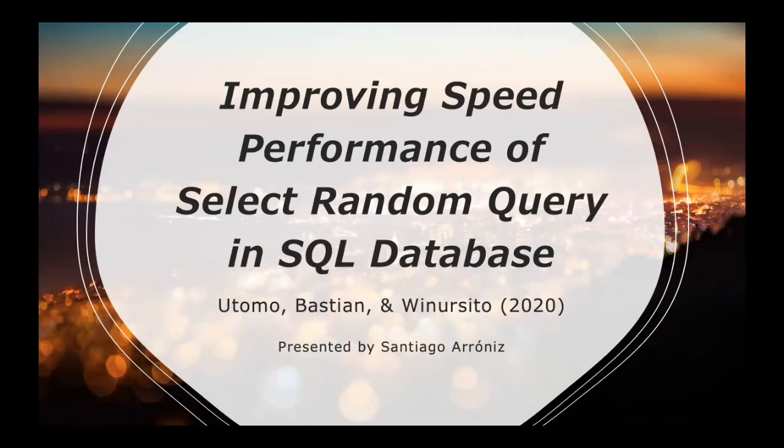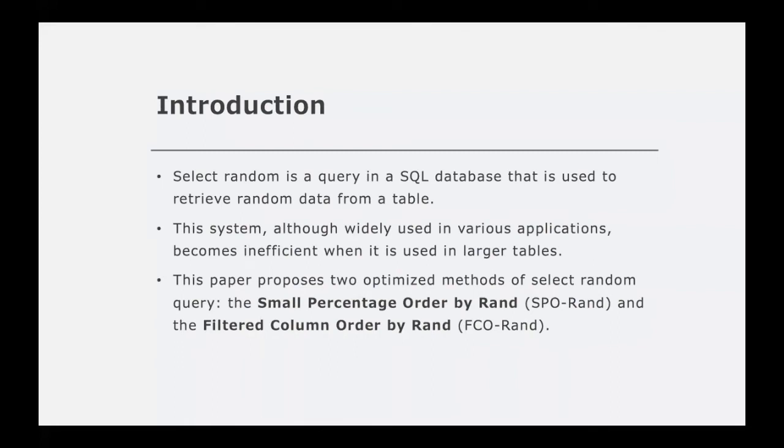The main concept behind this paper is random selection in SQL. Actually, the authors depart from the fact that the method currently used by default in SQL queries, which is normal ORDER BY RAND, becomes too slow when we are trying to analyze large tables.